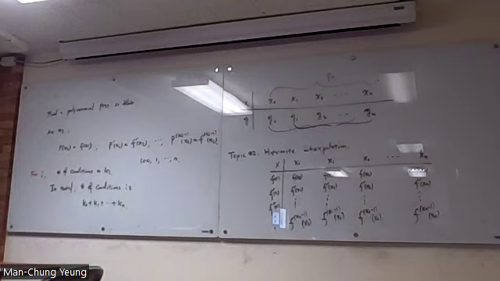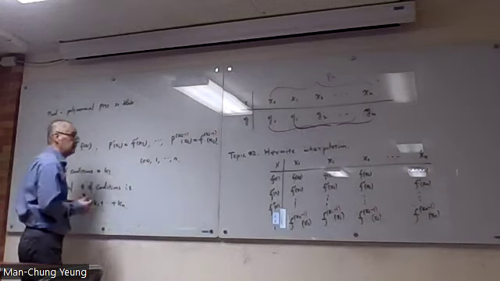Now I want a polynomial with degree as small as possible. Then what should the degree of P be?